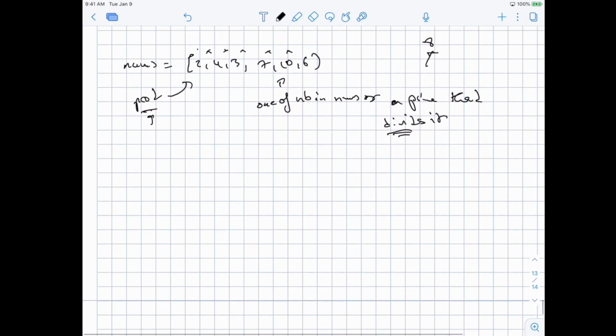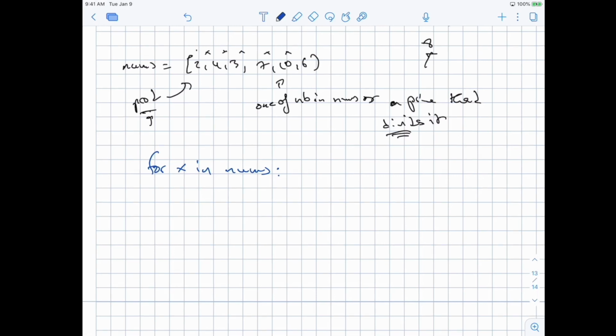So what we can do in this case is just go through the numbers in the array. And then for each one, what we are looking for is a prime that divides this x. Because if we find it, that means it will divide the product. And if it's a prime, that's something we want to count, right?